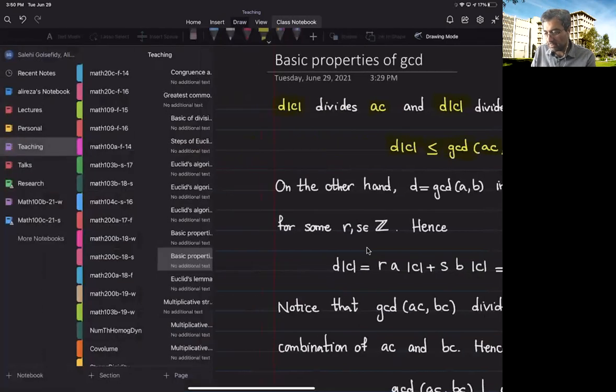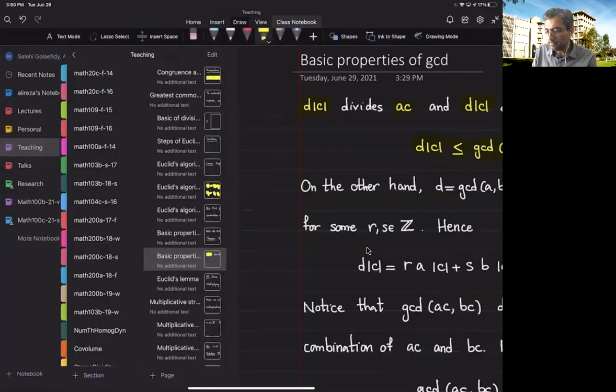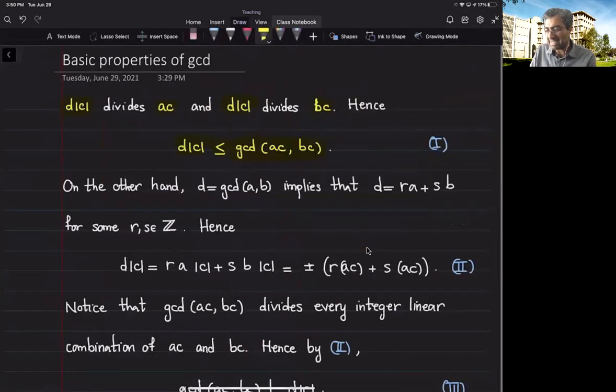Again, notice we are heading to proving this equality. This is my D. This means I'm trying to show D times absolute value of C is equal to this side. And so far we have discussed that this side is at least this side. We showed that GCD of AC and BC is at least absolute value of C times GCD of A and B.